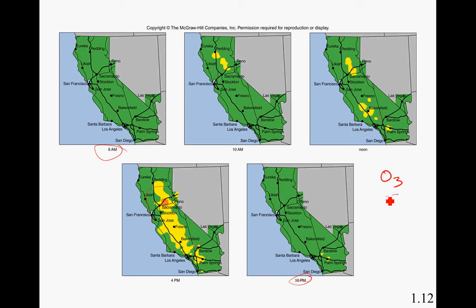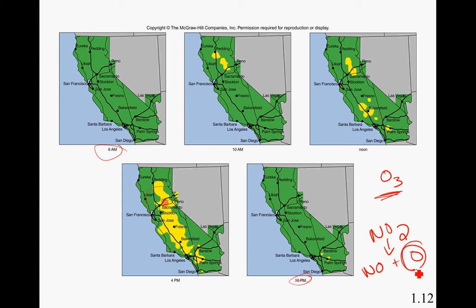That's because ozone is triggered by the sunlight and the reaction of nitrogen dioxide. The nitrogen dioxide absorbs the sun and it breaks down into nitrogen monoxide. So it absorbs the sun and it forms NO and oxygen.